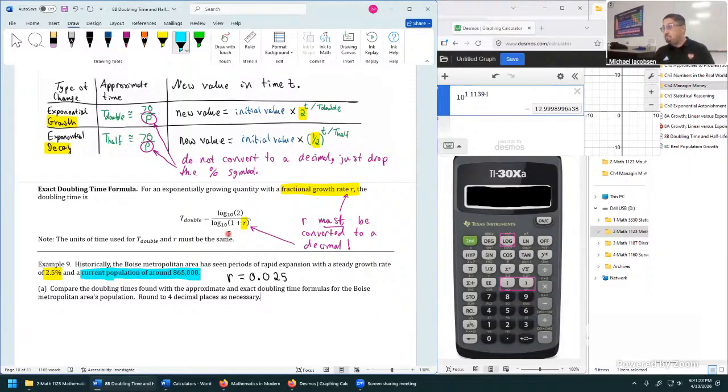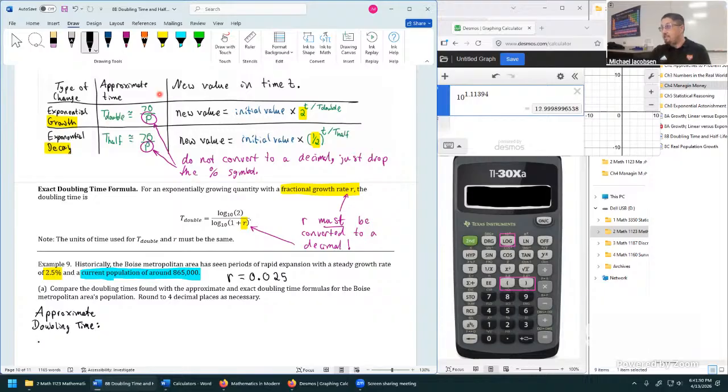Well, let's give this a try. Let's organize by first starting with the formula that's fast. Let's go for the low-hanging fruit and say approximate doubling time. This one's really fast.